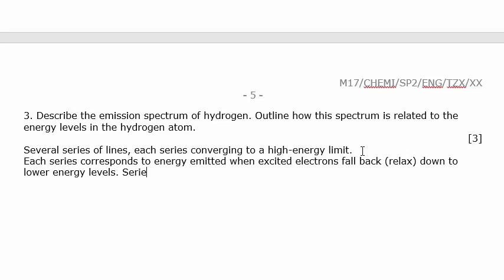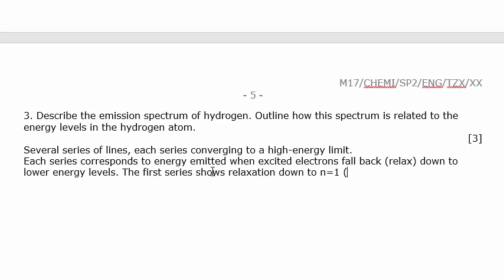Series 1, for example, or should we say the first series in the ultraviolet, the first series shows relaxation down to n equals 1.